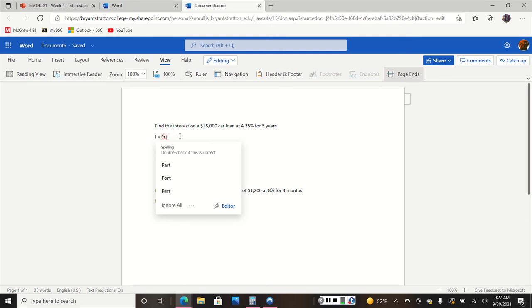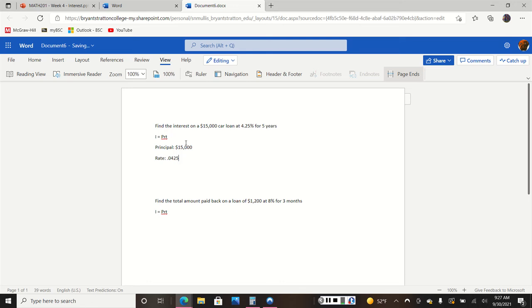And we just pretty much do the same thing that we did before. So for the car loan, the principal is equal to $15,000. The interest rate or the rate is 4.25%, so 0.0425, and the time is 5 years.